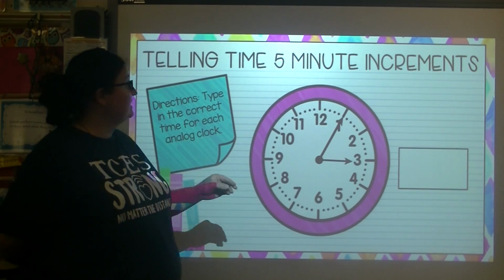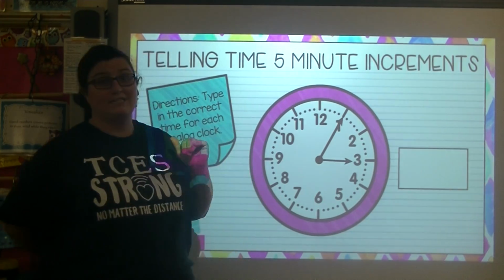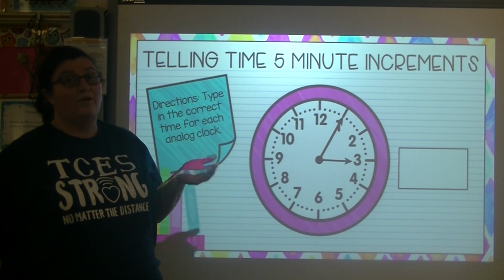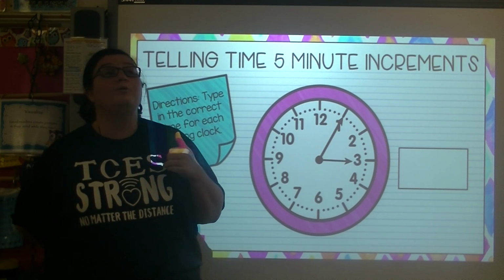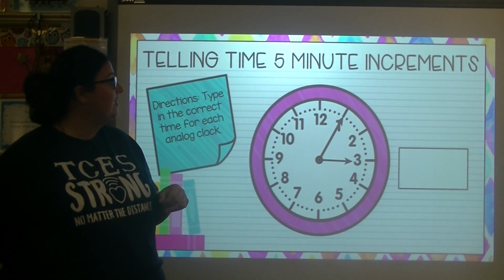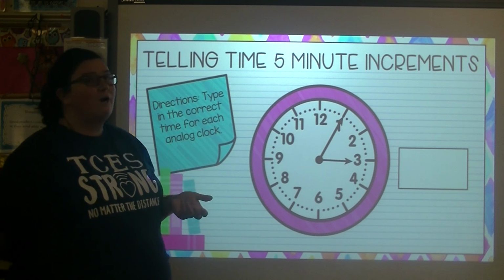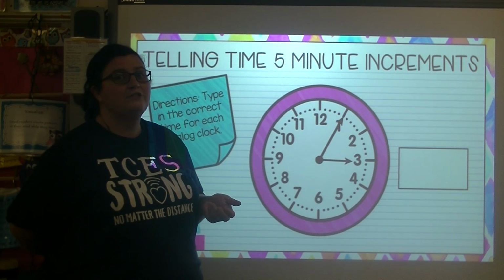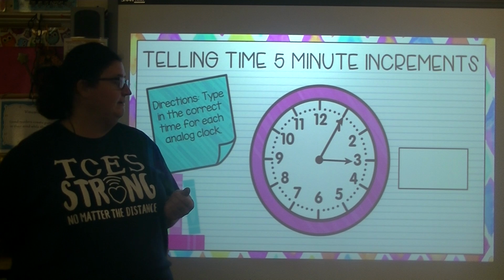All right, but when we're telling time to the hour, we don't say 60. We say 00, 0 because we're starting over a new hour. All right, so we're going to practice telling some time to the 5 minutes today.